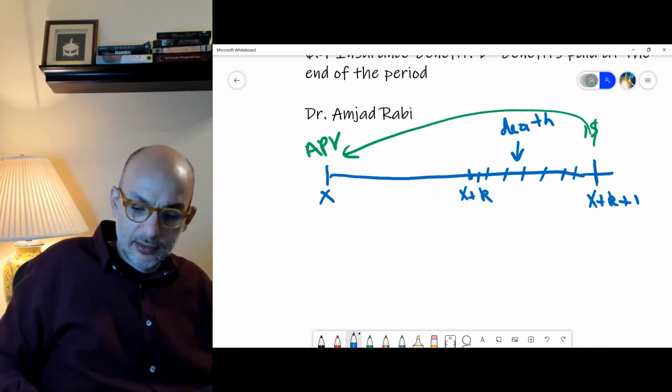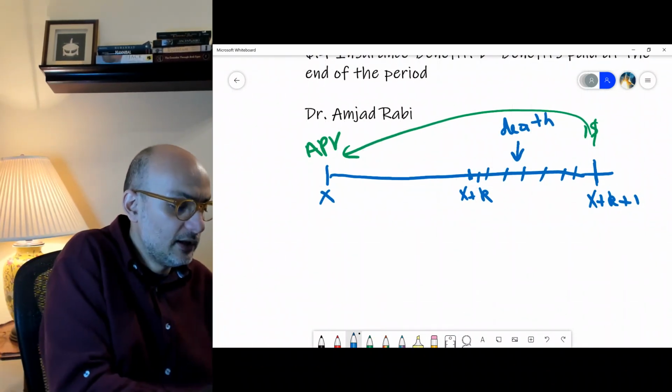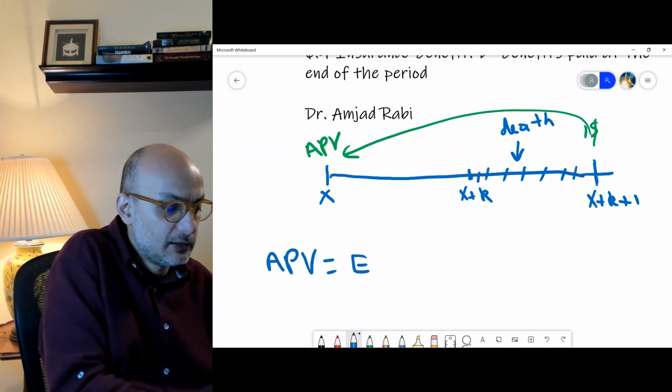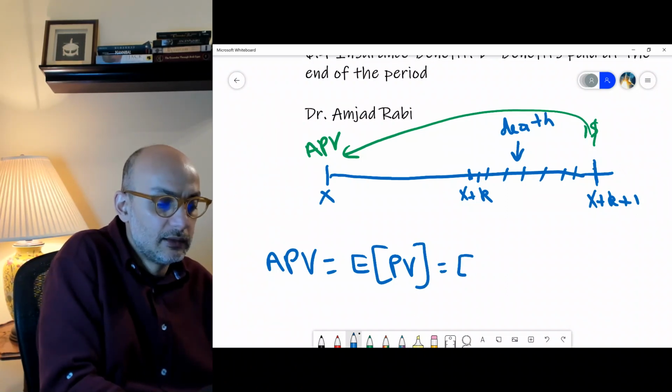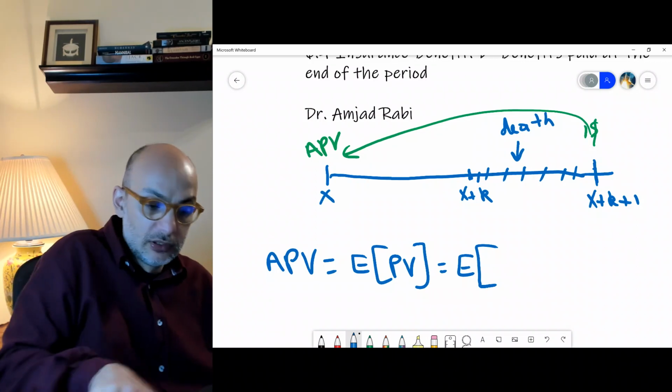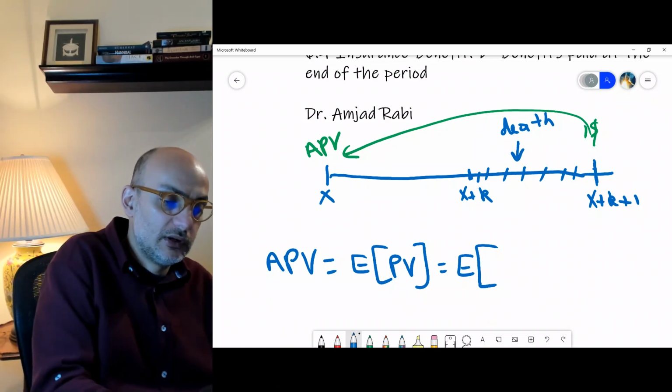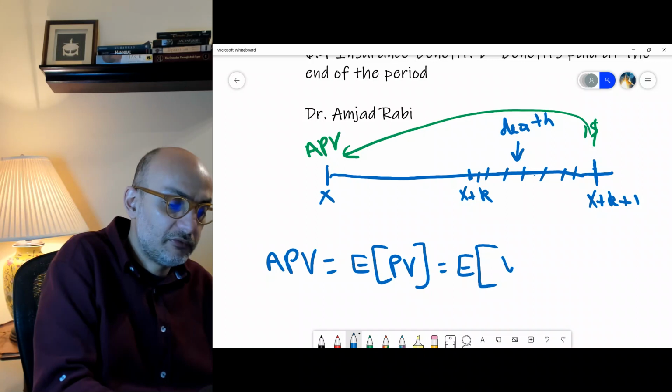Let's look at how we can calculate the actuarial present value. It's the expected value of the present value. But what's the present value? For an individual, if the death occurs between K and K plus 1, then the present value is V, discounted to K plus 1.